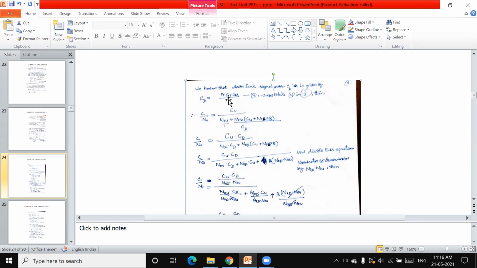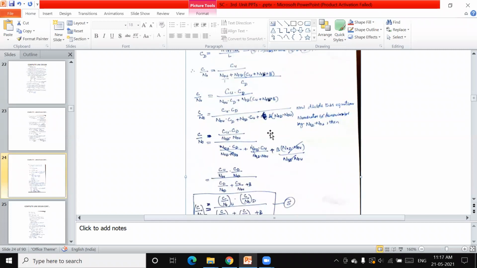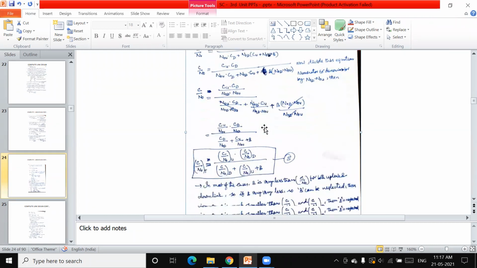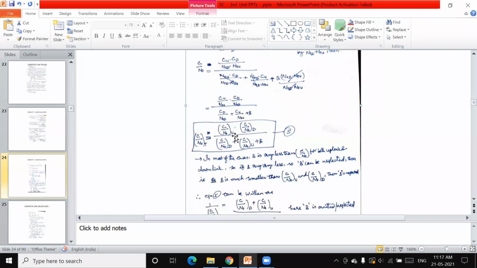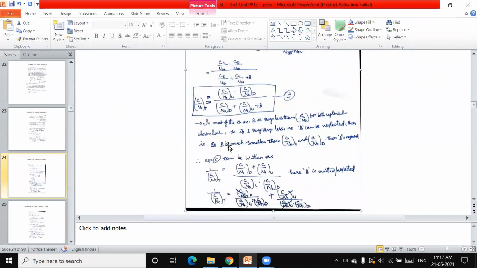From this, taking the downlink carrier power separately, L by PT GT GR is equal to 1 by CD. Therefore we substitute this 1 by CD here, simplify, and again divide the numerator and denominator by N naught D. After this simplification you finally get this equation, C by N naught T, and this is also completed.